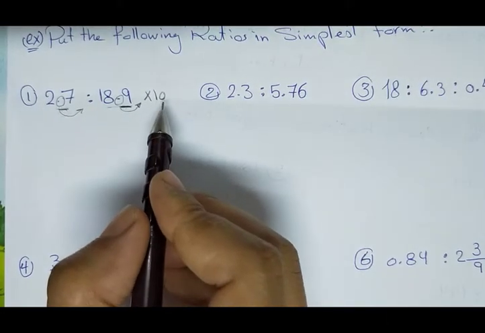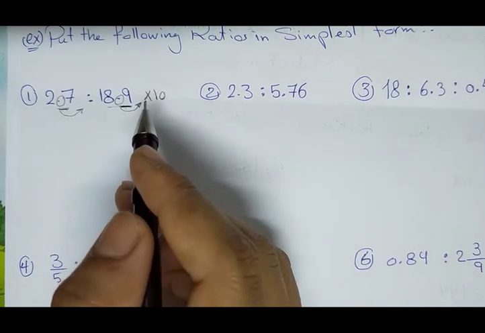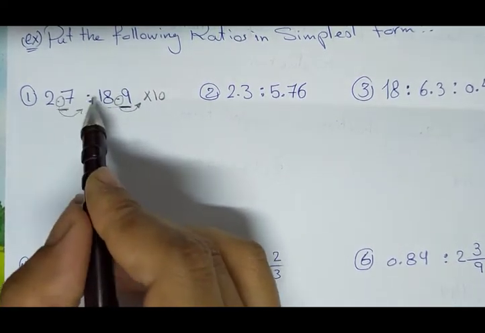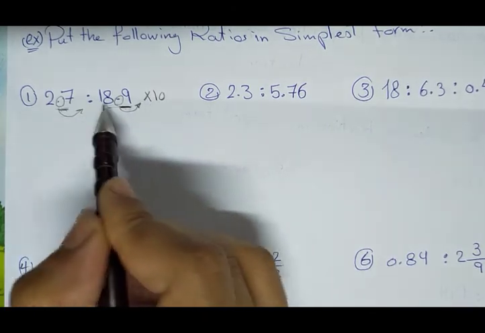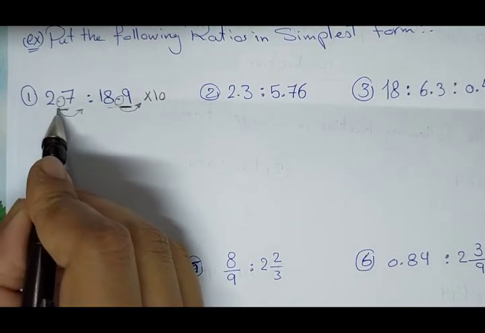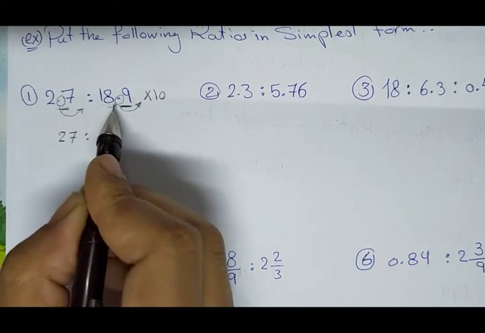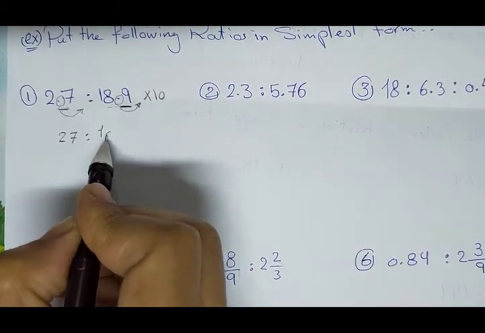If I multiply or divide in a ratio, I must do the same operation on the two terms or the three terms. 2.7 times 10 is 27. 18.9 times 10 is 189.